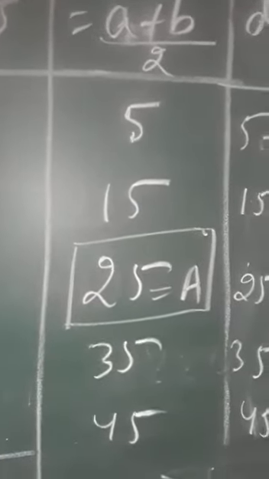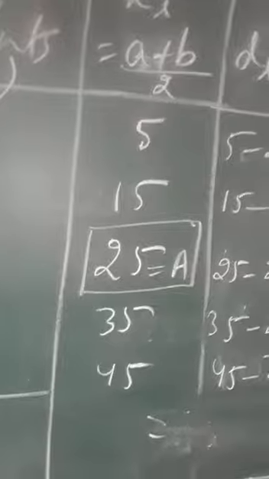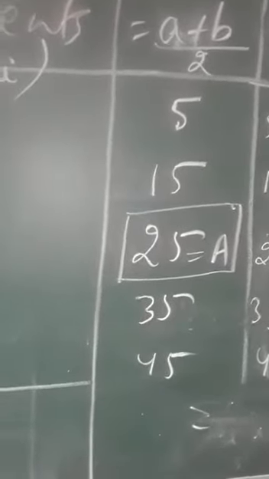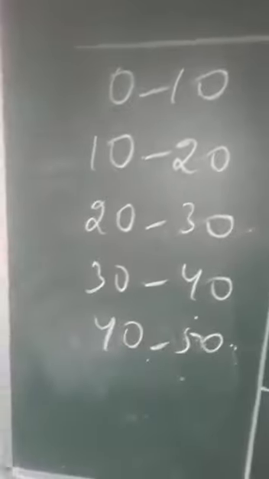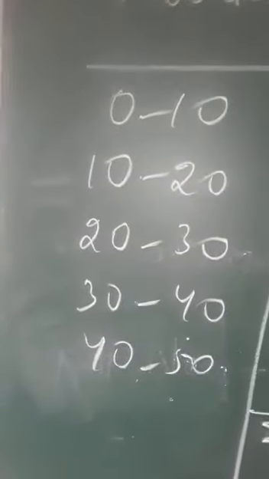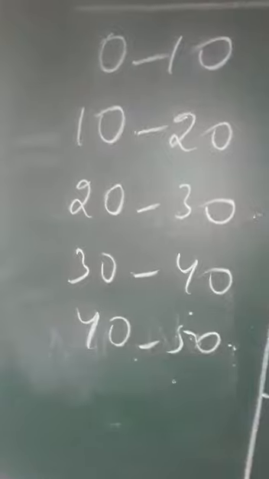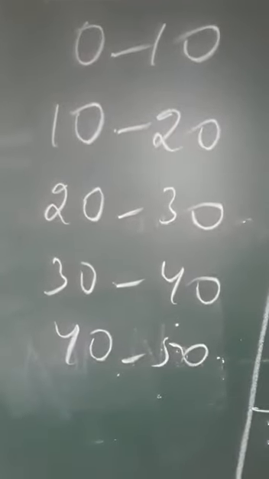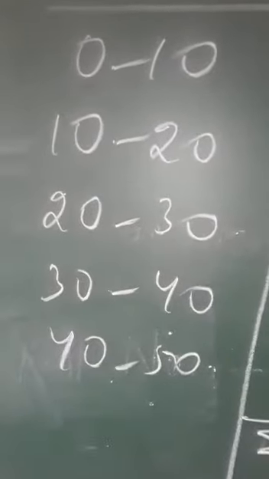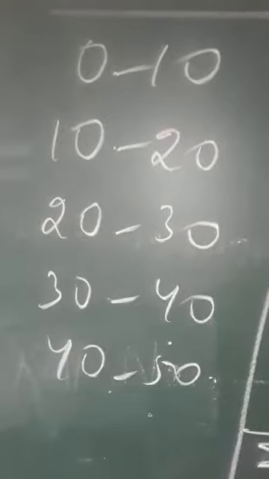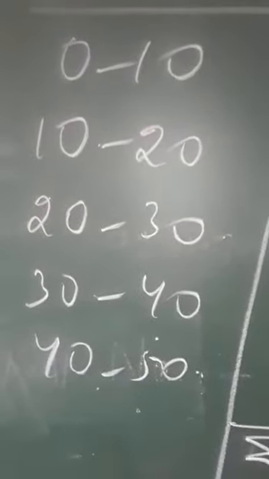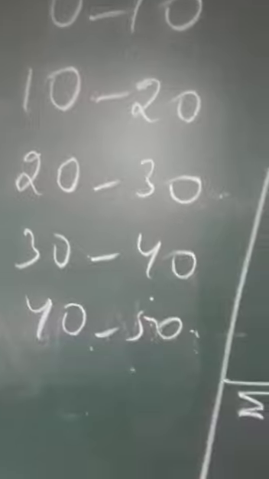I have also explained that if the class size is the same, as you can observe here, it is 10. For each class interval, the difference of the upper and lower limit is equal to 10.